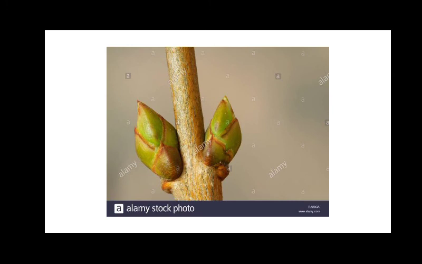It acts as an opposite to auxin, which promotes apical growth. Cytokinin triggers lateral growth, and from here branching and everything is possible.